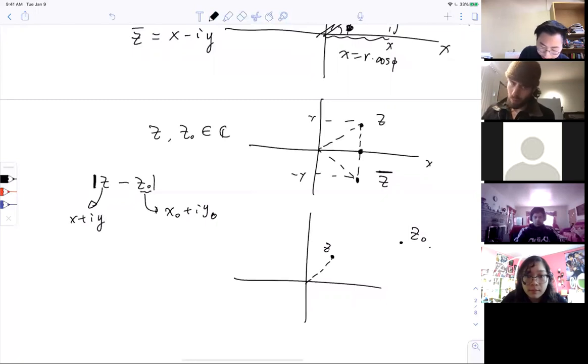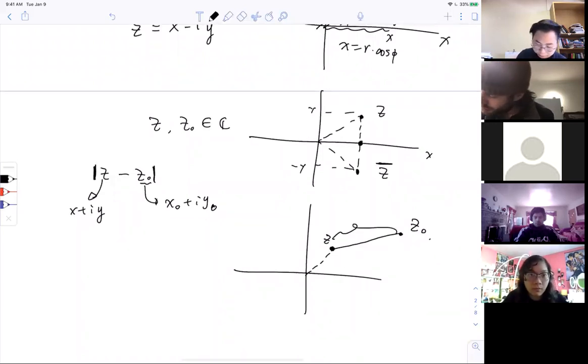Then this expression stands for the distance from z naught to the point z.